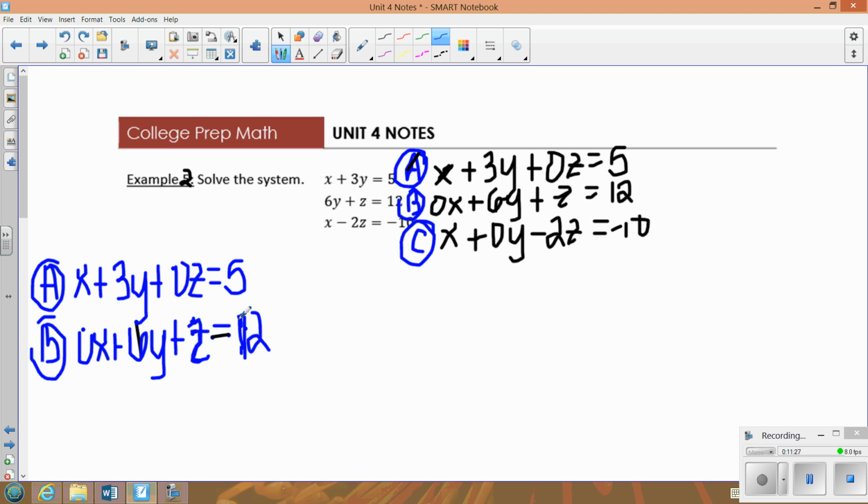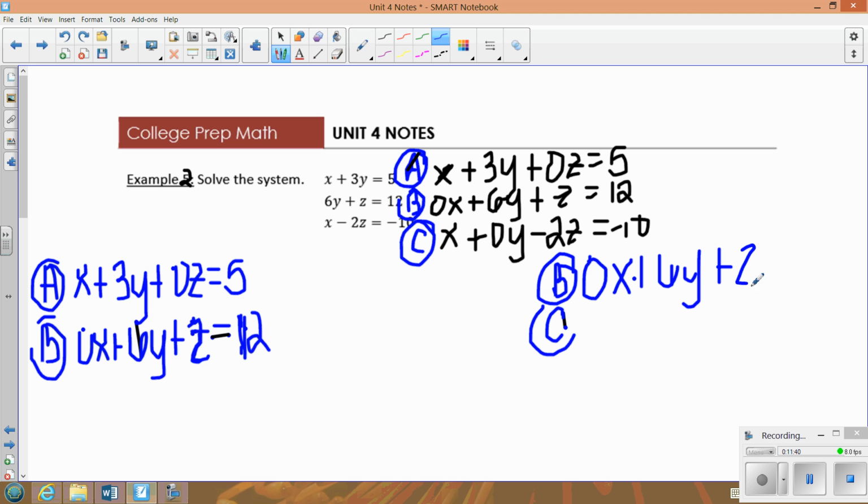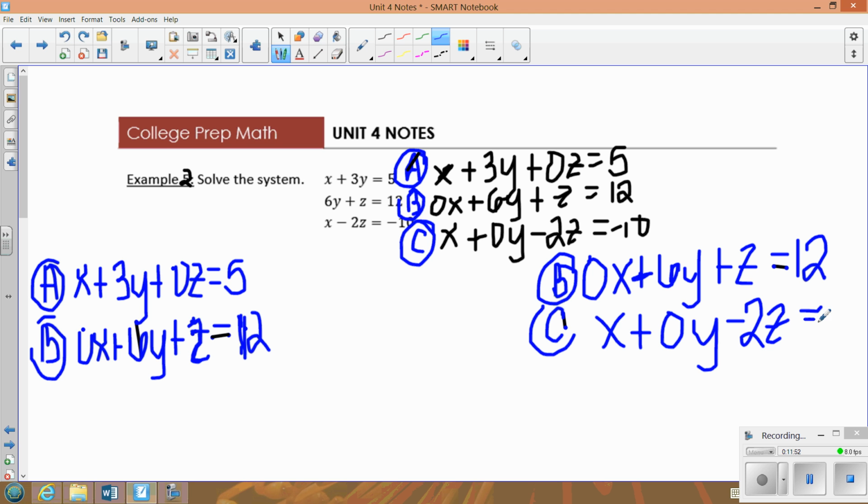And then you can group B and C together. So we have 0x plus 6y plus z equals 12, and x plus 0y minus 2z equals negative 10.